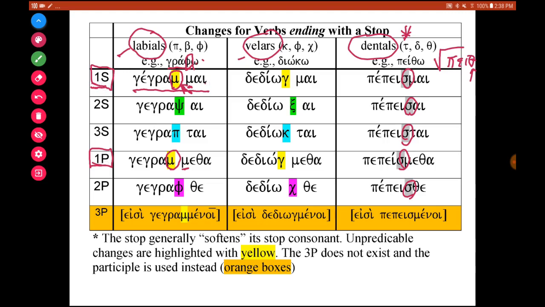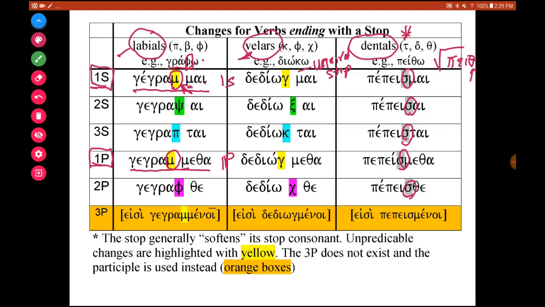So for the first person singular and first person plural, you have gegrammai and gegrammetha. Now, the velars also, in the first person singular and first person plural, try to soften the stop, but the way the velars do it, it uses what we call the unaspirated stop. So aspirated stops, if you recall, have a puff of air being enunciated as you say the letter, but the unaspirated stops don't have that puff of air.